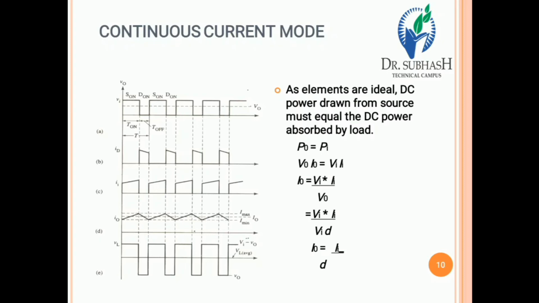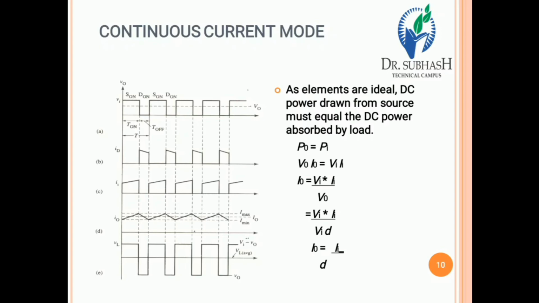And the last and important waveform is the waveform across the VL, right? When the switch is on, we get the positive voltage, and when the diode is on, we get the negative output voltage, right? If the elements are ideal, the DC power drawn from the source must be equal to the DC power absorbed by the load, right?